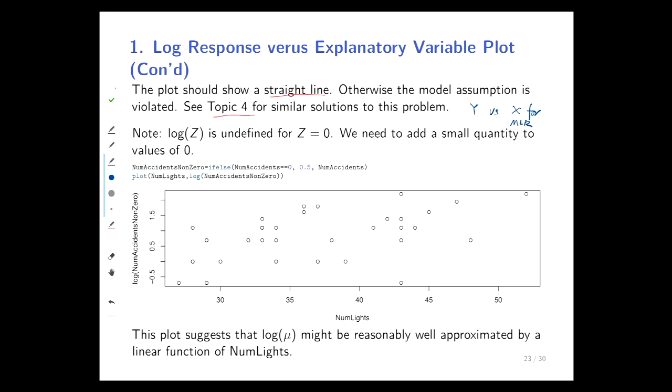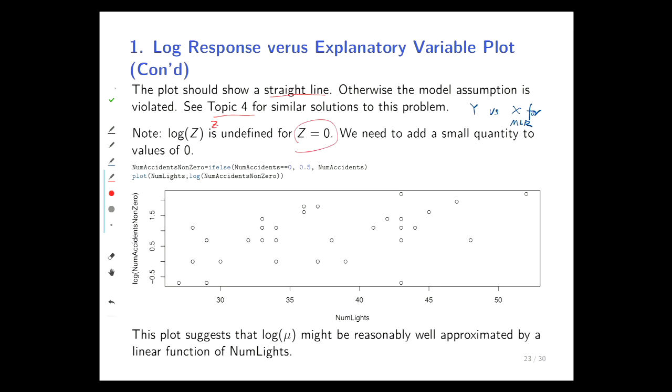For instance, maybe we need to involve a quadratic term in the mean of response, maybe log mean of response. So in order to get the plot, firstly, we need to know that because Z is a count, a binomial count, Z can be equal to 0 in reality.